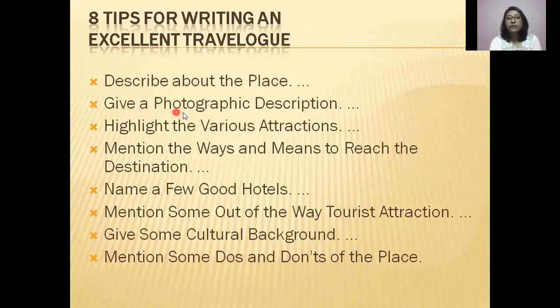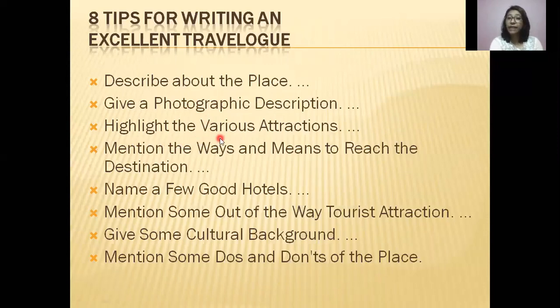Next is give a photographic description, which is about the photos you have clicked during the visit. You have to include those photographs of the places, so that it becomes more and more interesting for the people who read your travelogue.